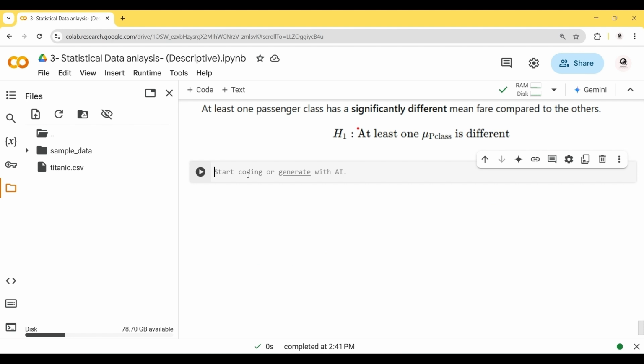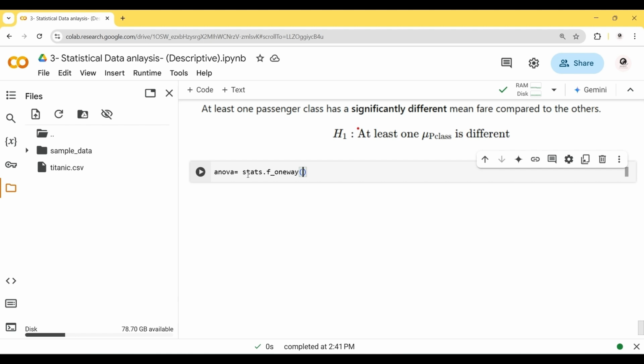So here I am going to initialize a variable. Let us say the variable name is Anova. Then I am going to call my stats module. Then here I am going to apply one-way Anova. So first of all, I want to check the fare of passenger class 1.